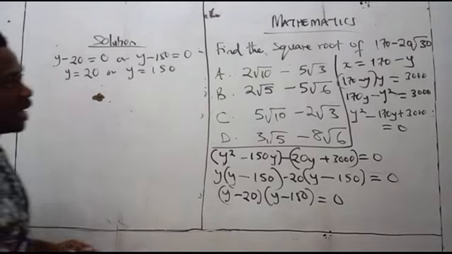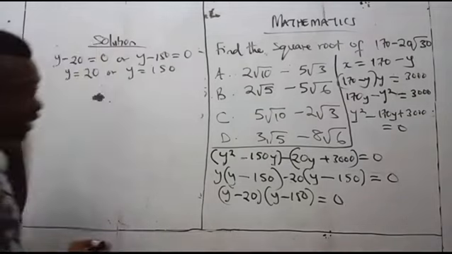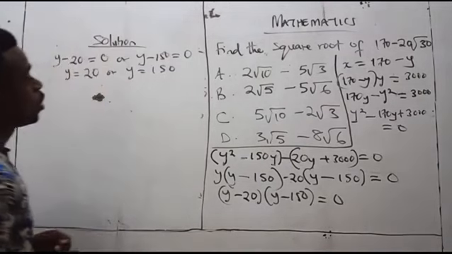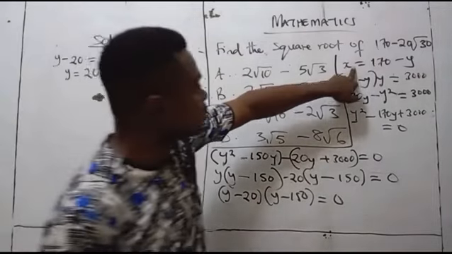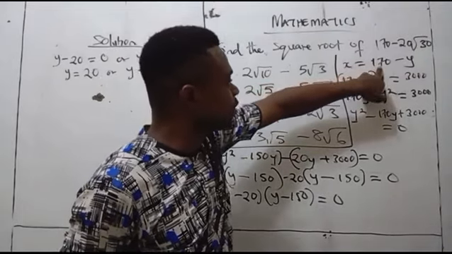Remember that in equation 1, y plus x led to this. Oh, I've cleaned it. Okay, is x still here, thank God. So x is equal to 170 minus y.